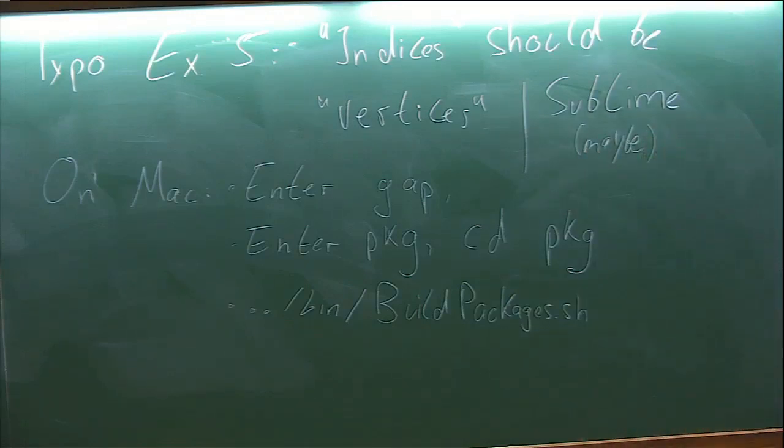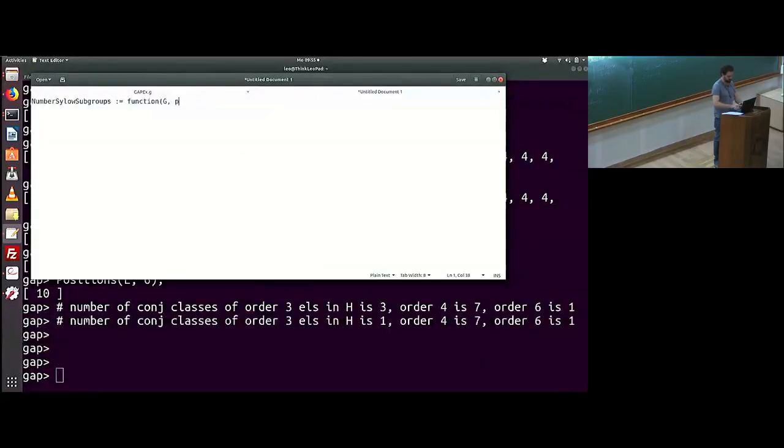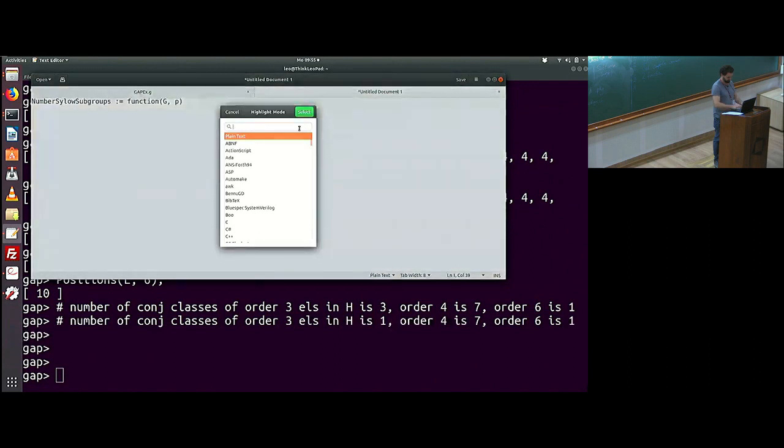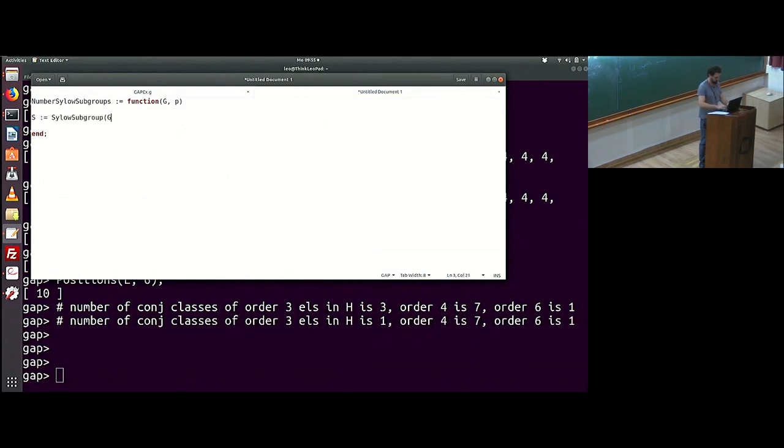Okay, so let's write this program. You want to write a function, number of Sylow subgroups. It will be a function which takes G and P, and it will return the number of Sylow subgroups. So what we need to do, we can define S a Sylow subgroup of G at P. This is a standard function in GAP.